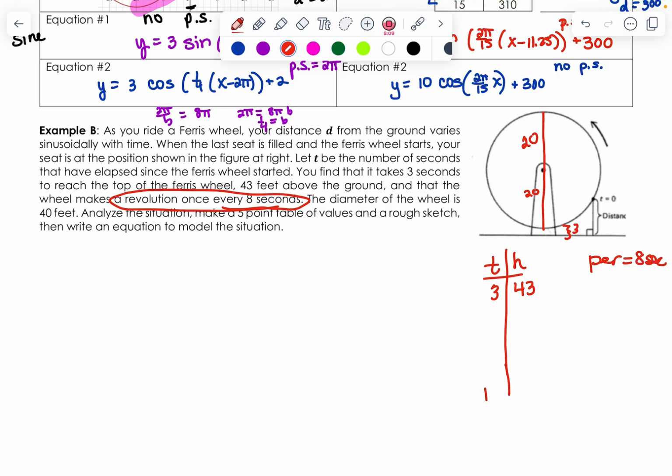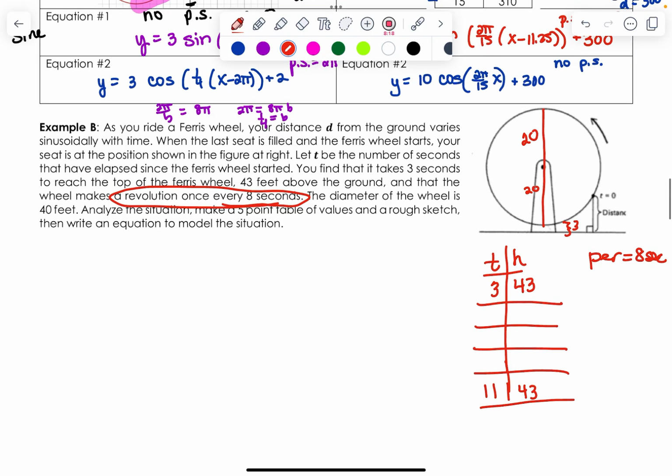So what that means is if I go all the way to the end of my table, 1, 2, 3, 4, 5, it's going to take me a total of 8 seconds. So halfway would be 4 seconds. So then halfway is 2 seconds. So here are my time values. Then I want you to think about this as I'm rotating, and it says it is going clockwise.